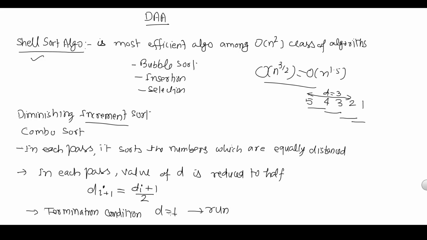When the value of d is first time 1, then we run the algorithm. Then after this pass, we terminate the algorithm. We must run one time for d equal to 1, and next time we will terminate.